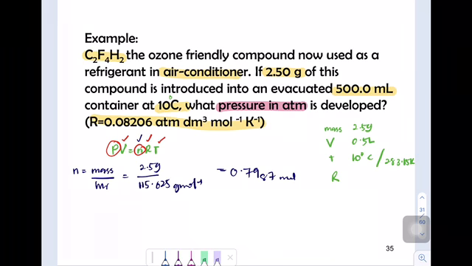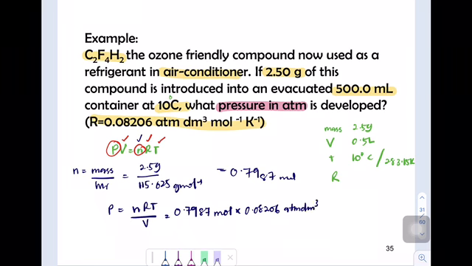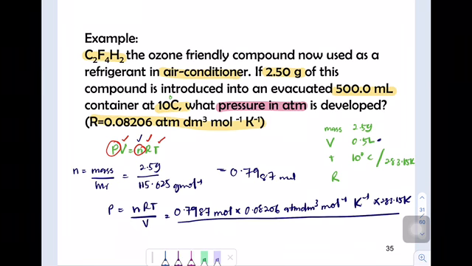So we already have our n. We can calculate the pressure, making P the subject. So P is equal to nRT over V: 0.7987 mole multiplied by R, 0.08206 atm dm cube mole negative 1 K negative 1, multiplied by the temperature 283.15 Kelvin, divided by the volume 0.5 dm cube.